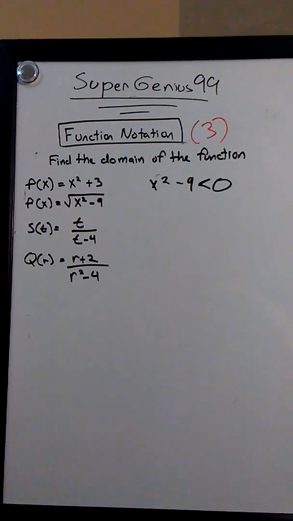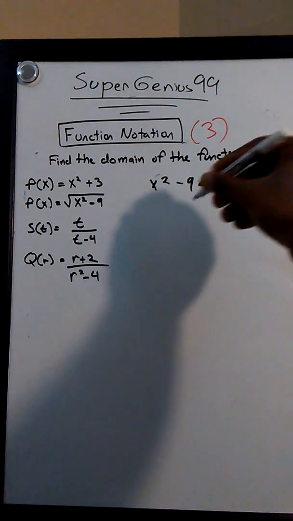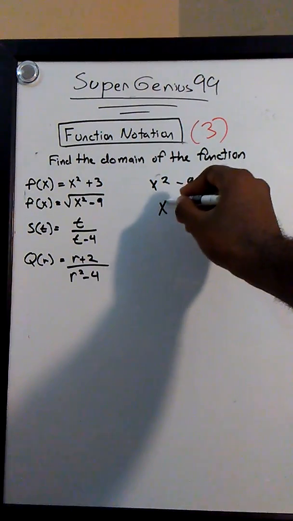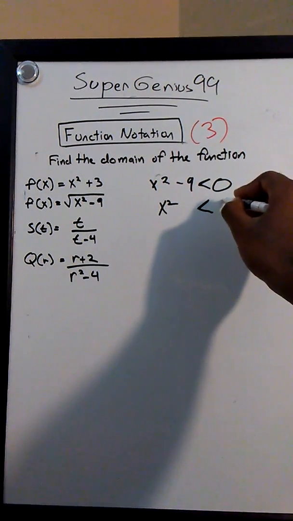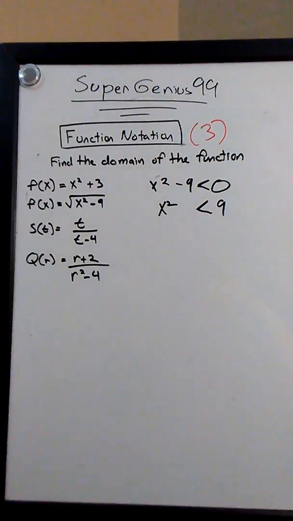So then we solve x squared minus 9 less than 0, and you'll get x squared is less than 9, because I added 9 to both sides.